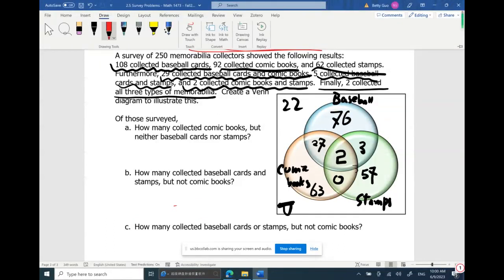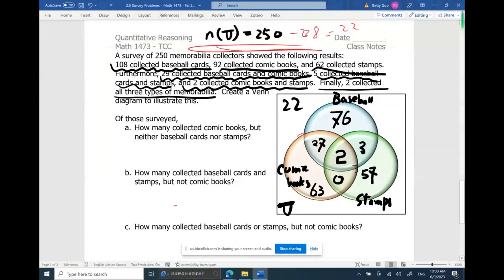Yeah, let me say that again. In this region, we should have 228. We just counted 228. Subtract 228 from 250, 22.